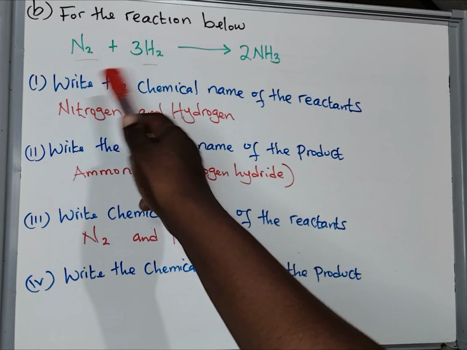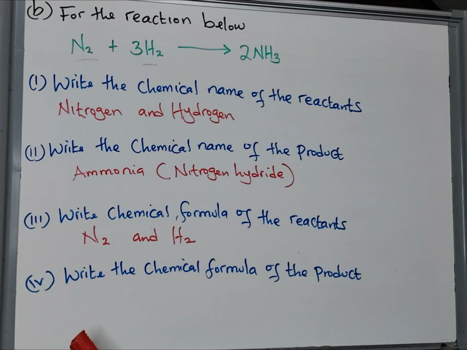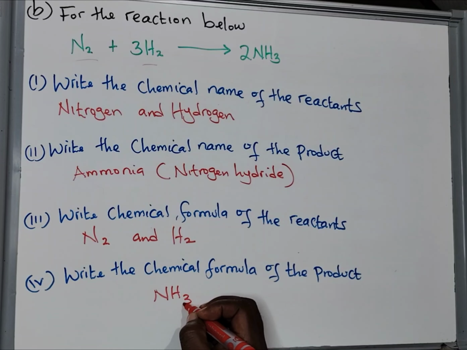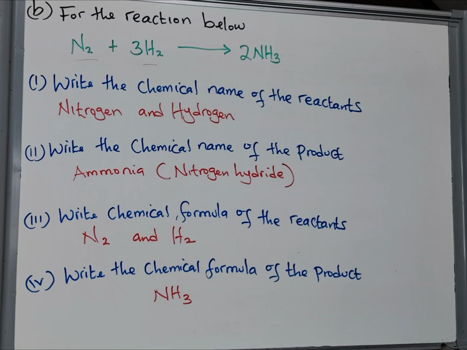You can skip the coefficients. Okay, here they say write the chemical formula of the product. The chemical formula of the product is NH3, as you see it there. You can ignore the coefficients.